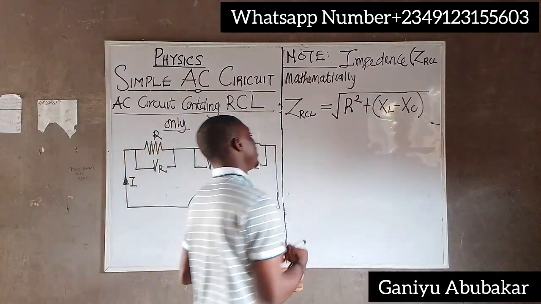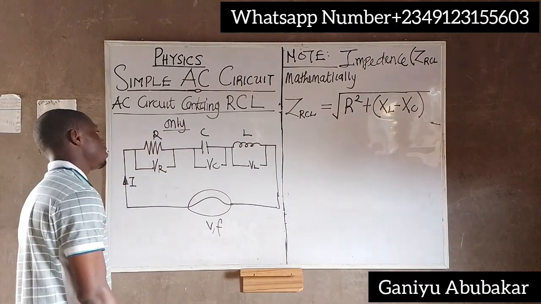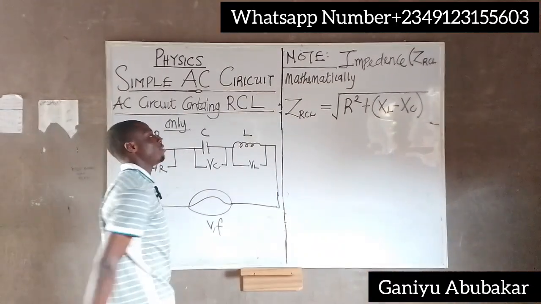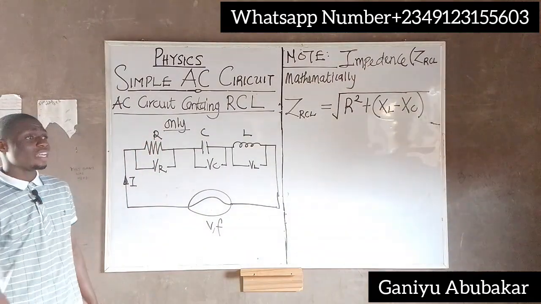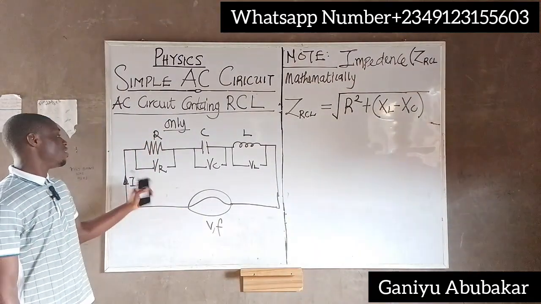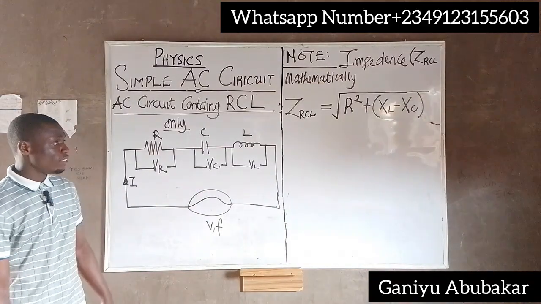This is the formula for impedance when it comes to the reactance of a resistor, capacitor, and inductor only circuit.